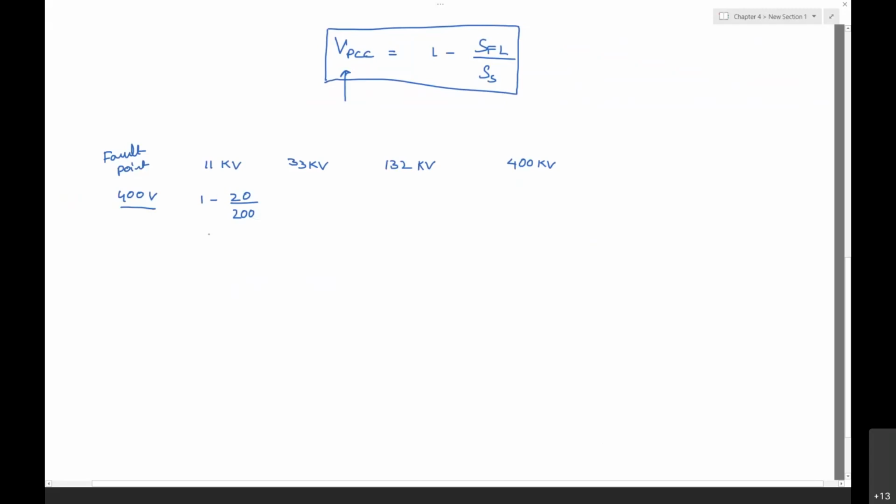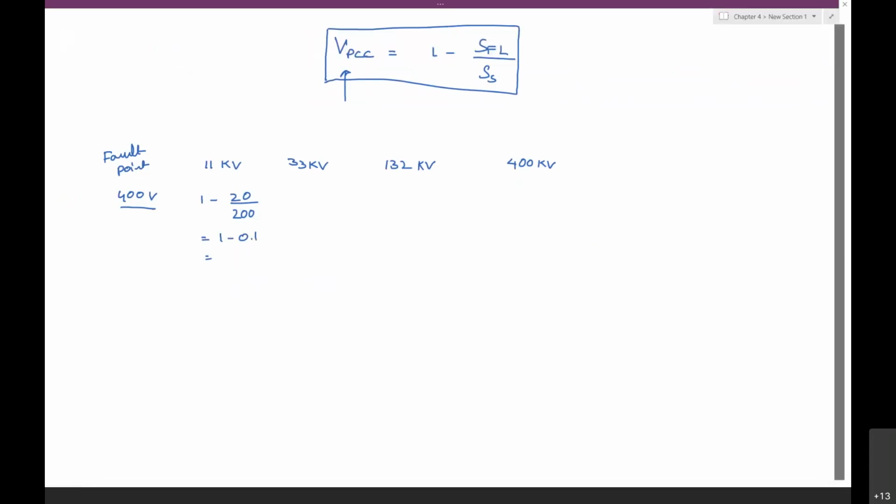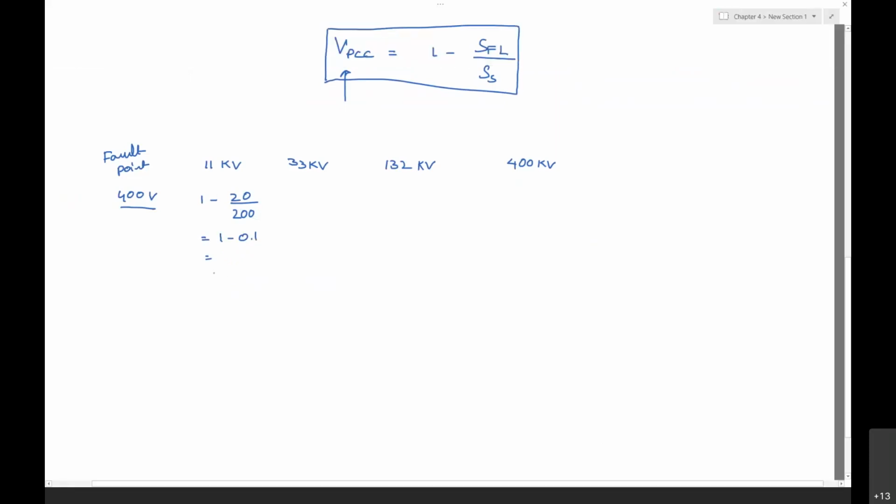Now when you make out this percentage, we get 1 minus 0.1, so we get 90%, or 0.9. This is the voltage at the 11 kV line, 90%.